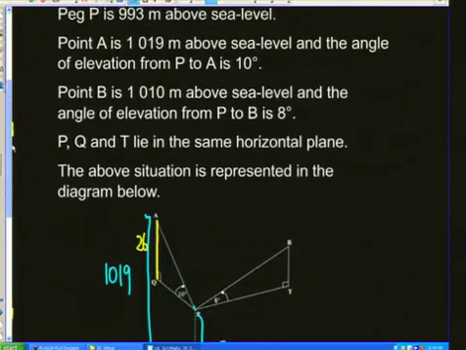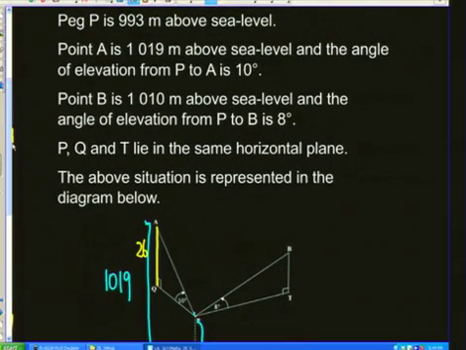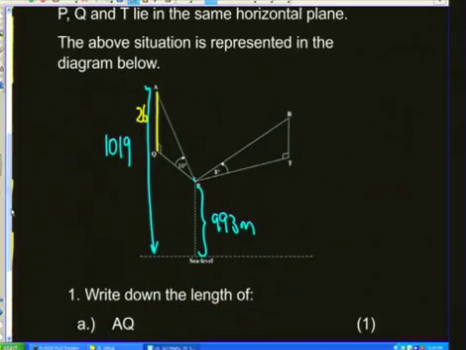Then they carry on and they say, point B is 1,010 above sea level, and the angle of elevation from P to B is 8. So now, when we're standing at P, we're going to look up at another little cliff on that side, or something along that side.